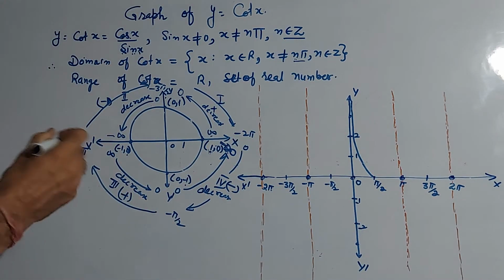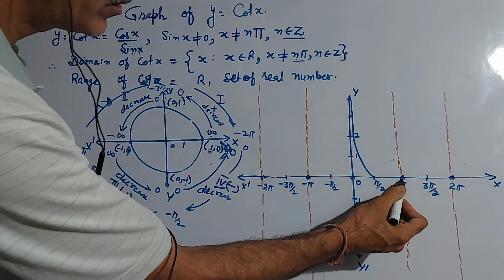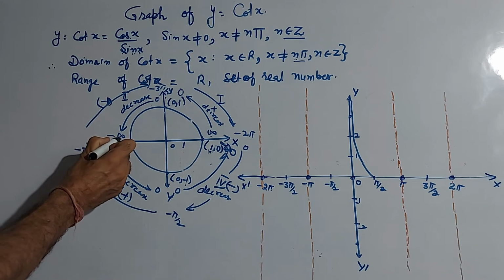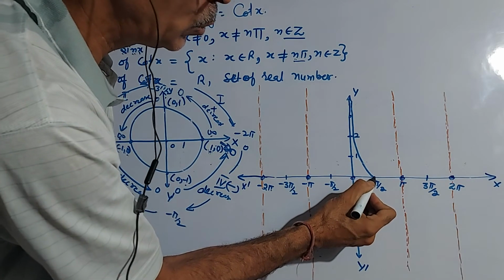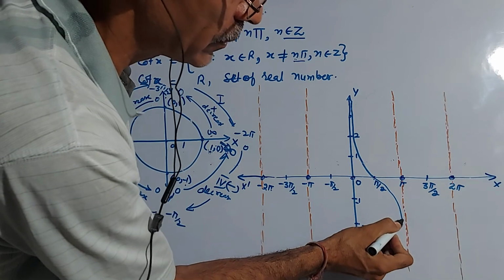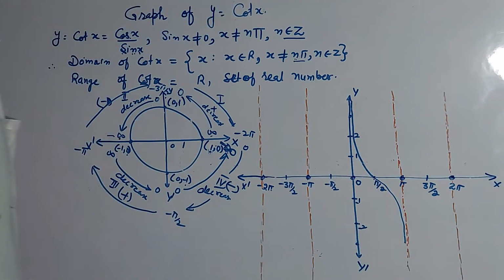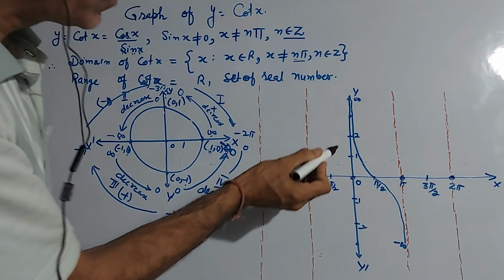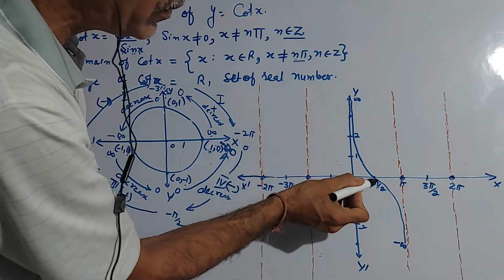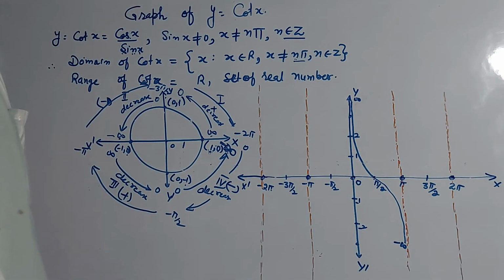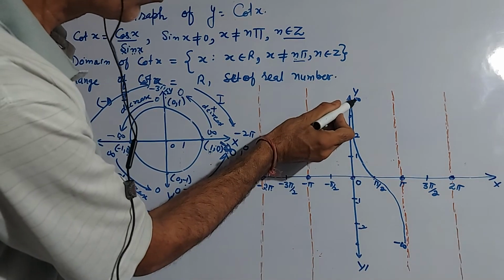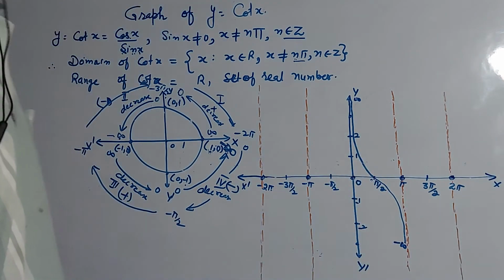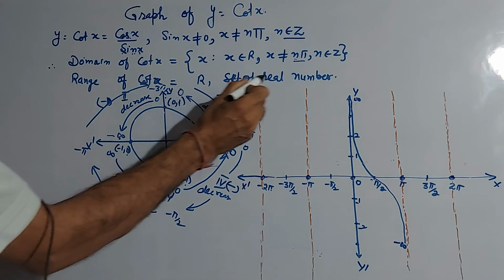And then from 90 degree, pi by 2 to pi, the value is decreasing from 0 to minus infinity. This is infinity and this is minus infinity. So these values complete the set of real numbers, from infinity, 0 value, and then minus infinity.